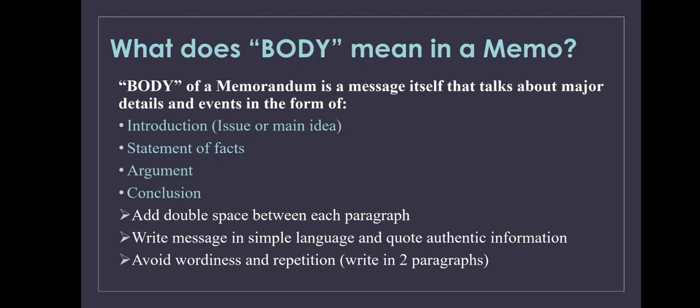You have to avoid wordiness and repetition. Do not keep repeating the same thing, because it will consume more time of your co-workers, and in the business setting time matters a lot. So you have to write the body of the memo in two paragraphs.